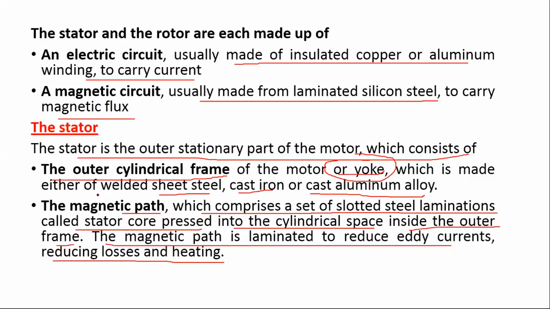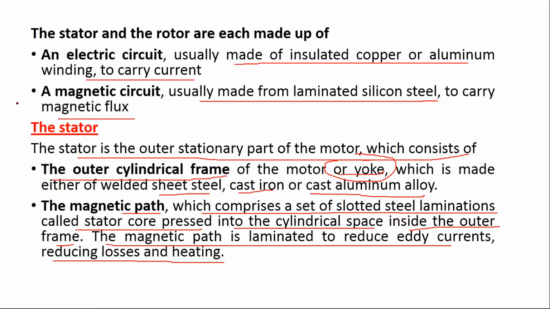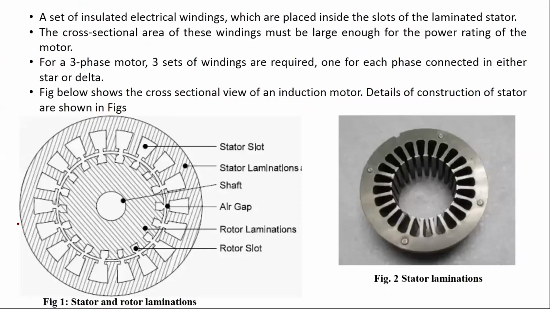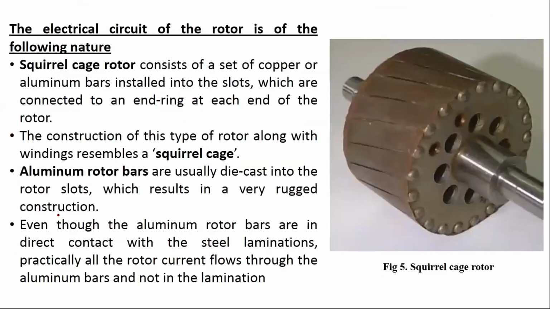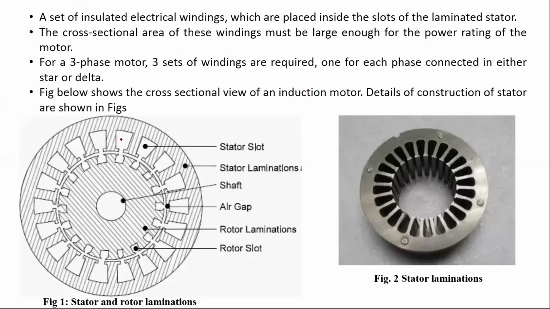Apart from these two, the outer cylindrical frame and the magnetic path, the stator has a few more parts included: a set of insulated electrical windings which are placed inside the slots of the laminated stator.